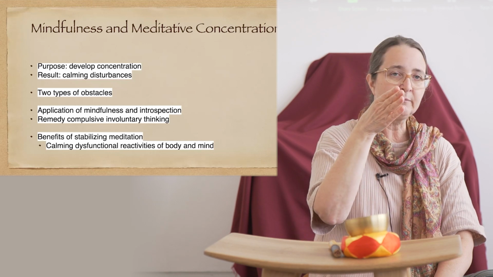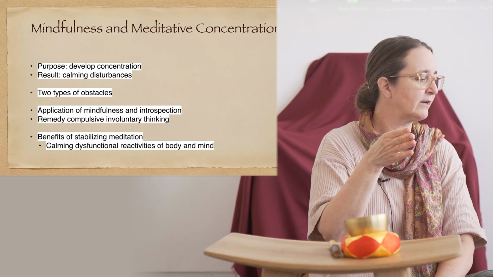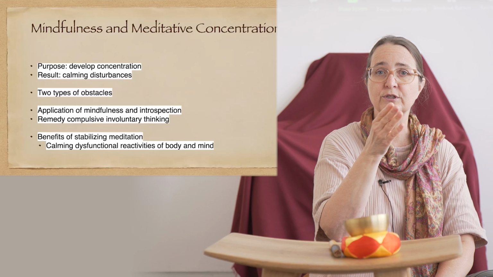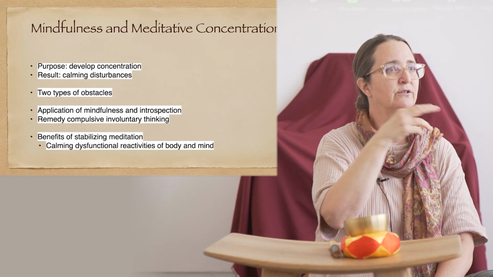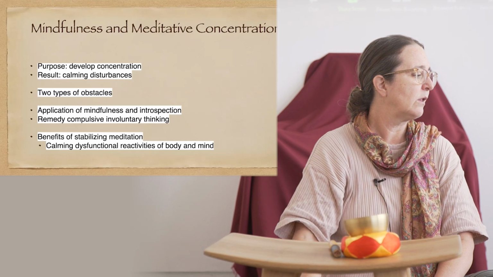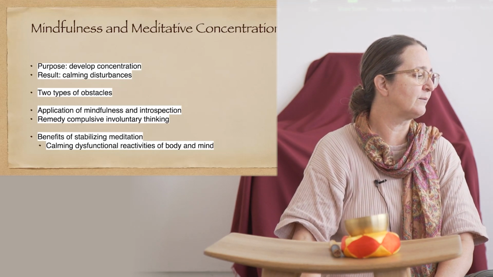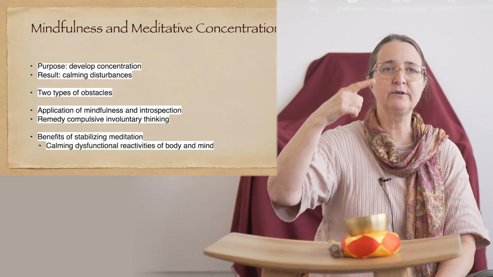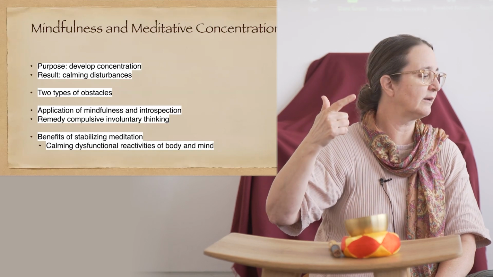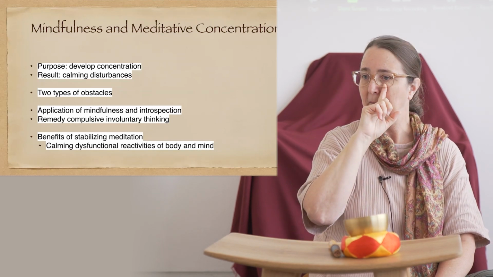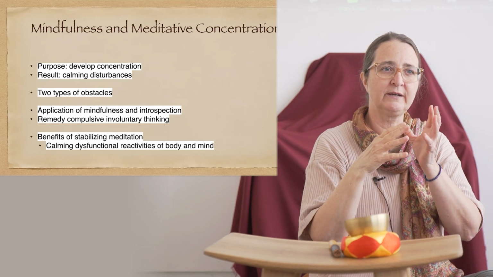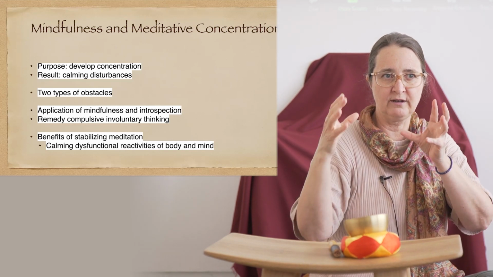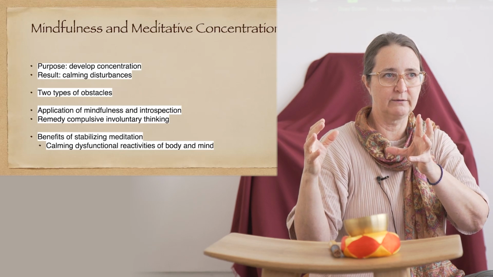So applying mindfulness, focusing on an object without distraction, and introspection, which alerts us to the dullness or the distraction, the two types of obstacles. This is a remedy for that compulsory, involuntary thinking.